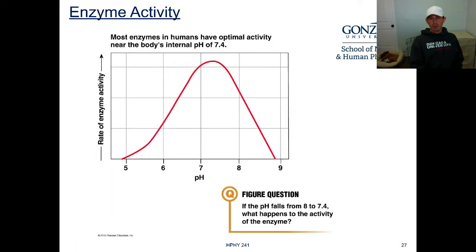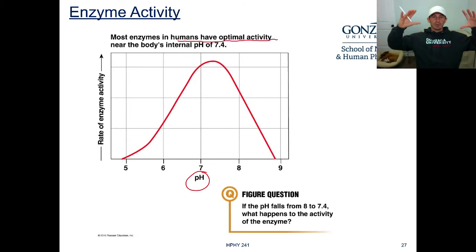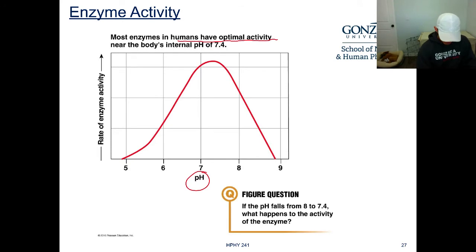Okay, so this graph here is just illustrating that, and it's using pH as an example. Most enzymes in our cells have an optimal activity range, meaning for whatever factor we're discussing, in this case pH, in the human body at a pH of roughly 7.4, you've got, on the y-axis, the rate of enzyme activity, and it's highest when the pH is 7.4.